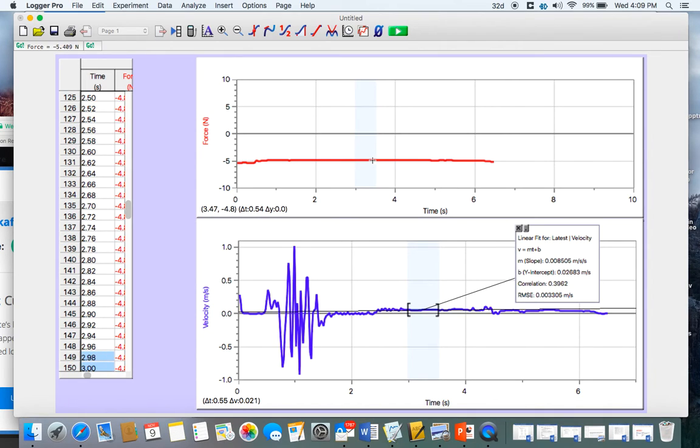So I think it's reasonable to assume that during this period from 3 seconds to 3.5 seconds I have an applied force of approximately 4.8 newtons. The negative sign simply told me the direction of the force. I'm interested really here in magnitudes, so the fact that that is a negative value is not particularly relevant.